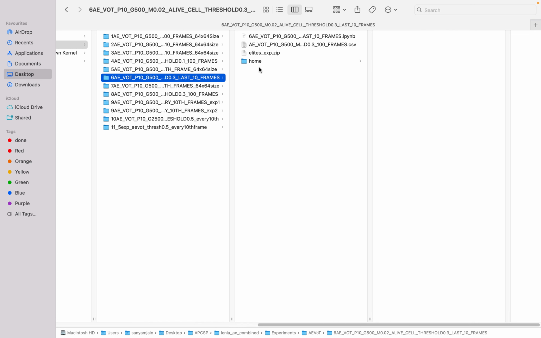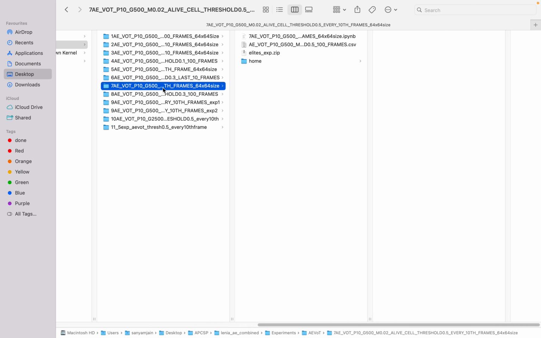Then we have a configuration of 0.5 alive cell threshold and every 10th frame.